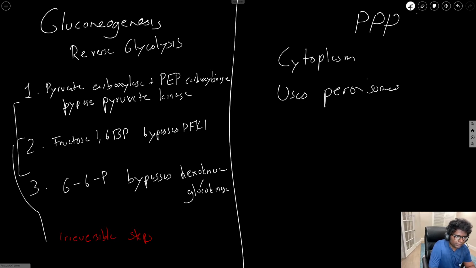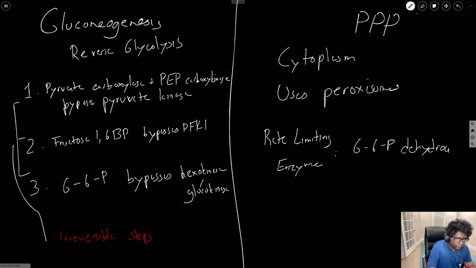The rate limiting enzyme is G6P dehydrogenase. And the purpose of it will be to generate NADPH.